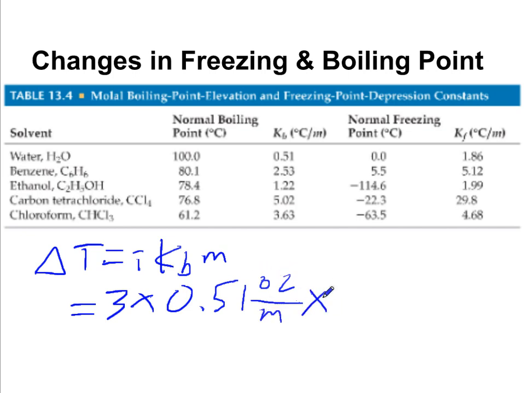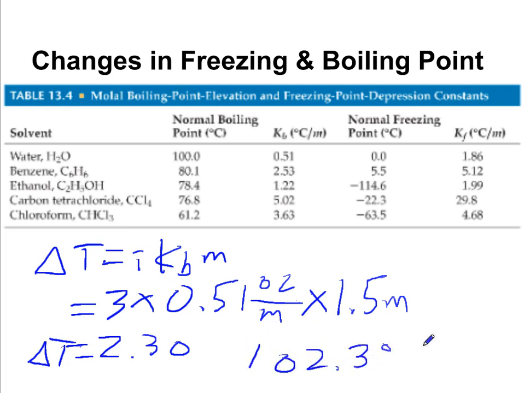And our molality even stays the same, 1.5 moles per 1 kilogram of solvent, so 1.5 molal. So 3 times 0.51 times 1.5 will give us our change in boiling point temperature, and that's equal to 2.30. Again, that's not our final answer, that's the change in temperature. So the boiling point is going to be raised by 2.3 degrees, or the new boiling point is going to be 102.3 degrees Celsius. So that's how the colligative properties equations work.